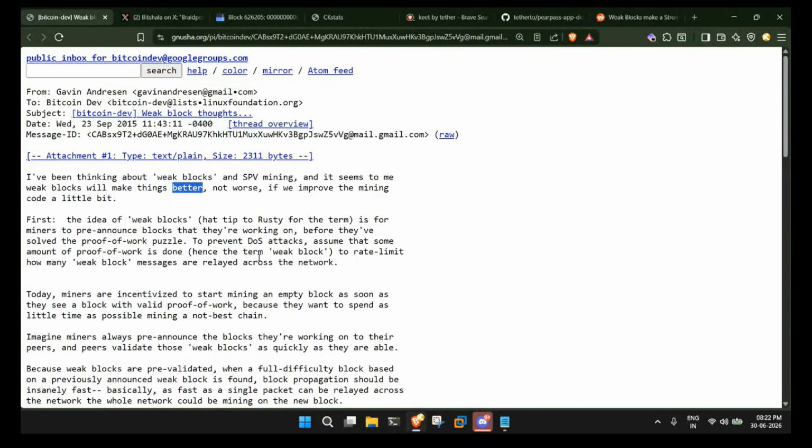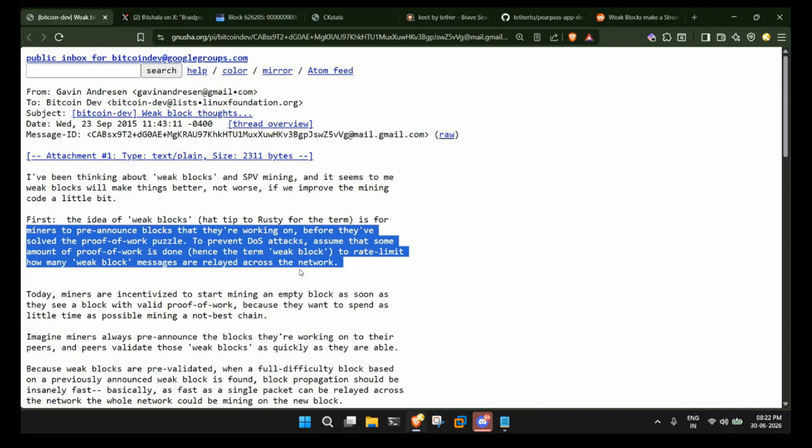the idea of weak blocks is so minor. Okay, so here you should read this a little carefully. It says miners pre-announce the block that they are working on before they have solved the proof of work puzzle. In layman's terms, earlier, if we found the block, we would say, okay, I have completed this, let's check whether my solution is correct or not, right?